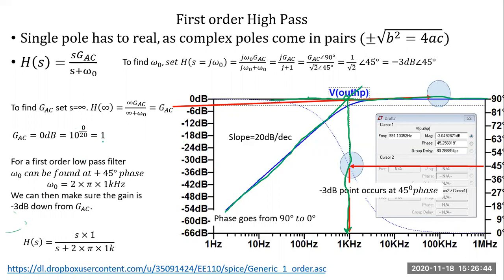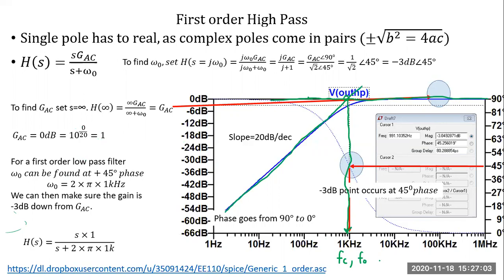Well, that's it. That's a first order filter, right? And you could call this FC. Sometimes you call it F naught.